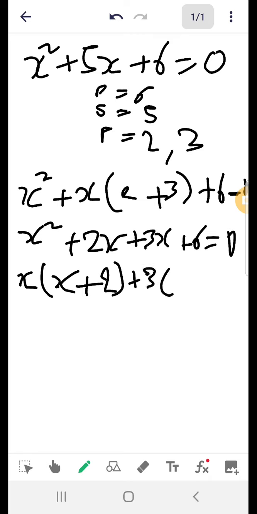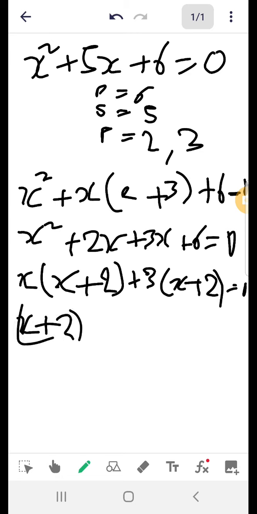Open bracket: 3 into 3x leaves x, plus 3 into 6 leaves 2, equals 0. Now what's common is x plus 2, so you're going to put this in brackets.